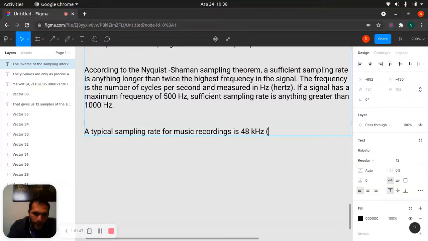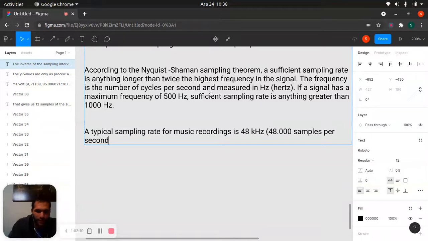So it's like 48,000 samples per second. Look at that.